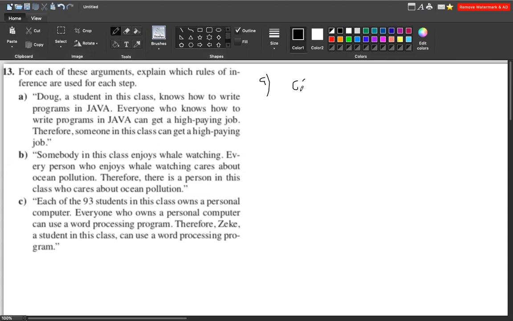There is a student in the class named Doug, and Doug knows Java.